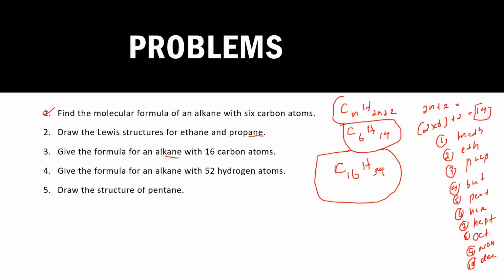Okay, we go to the other question now. Give the formula for an alkane with 52 hydrogen atoms. This time they gave hydrogen atoms. So we know 2n plus 2 equals 52. Then 2n equals 52 minus 2, 50.